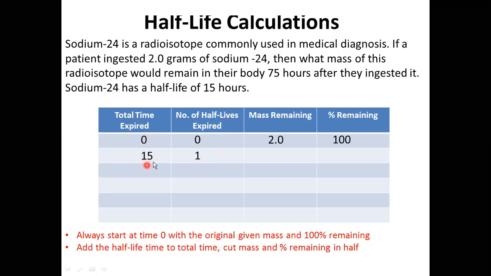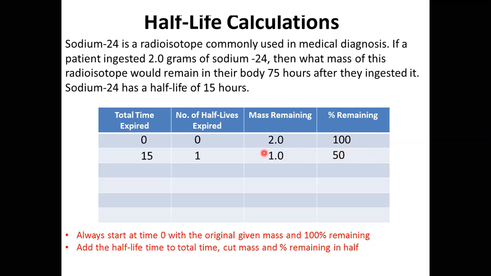Once one half-life passes, half of the material that we began with remains radioactive. So we cut 2 in half. Now there is 1 gram of radioactive material remaining, which means it's no longer 100% radioactive. Half of the percentage remains, so half of 100, 50% of the material remains radioactive, or 1 gram of the original material. We're just cutting these 2 columns in half.